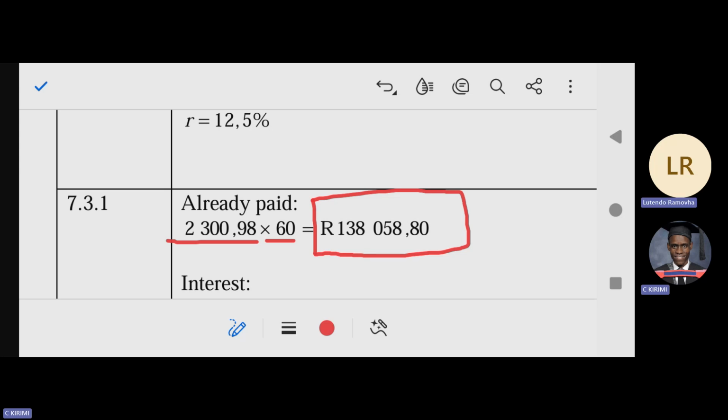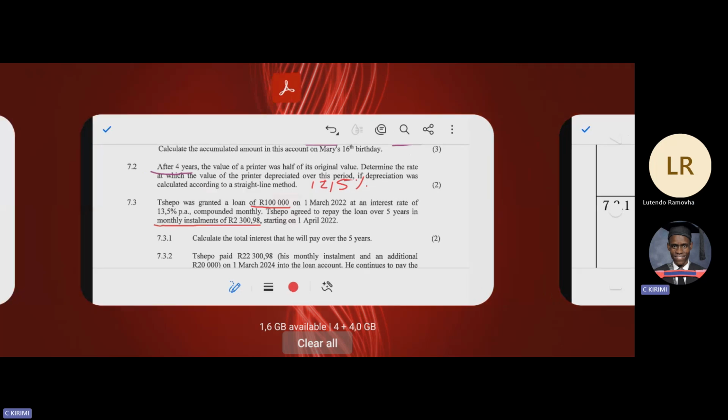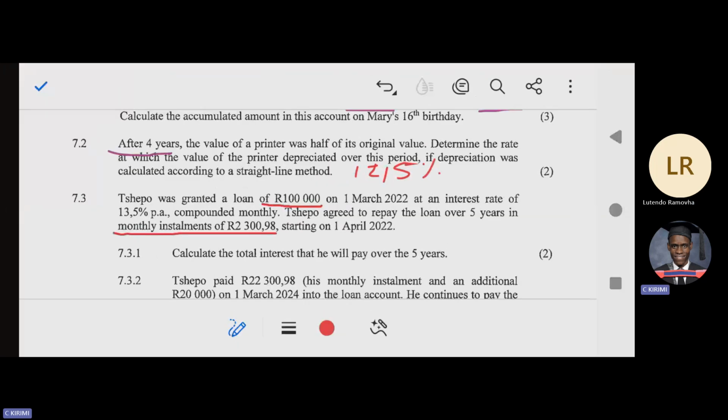Which means you are going to take the original amount of loan which he was given, and you subtract that amount from this amount that he has paid, which means the extra amount that you are going to pay is the interest. Okay. So let's do that. Tell me what is your answer. So I've assisted you a bit.